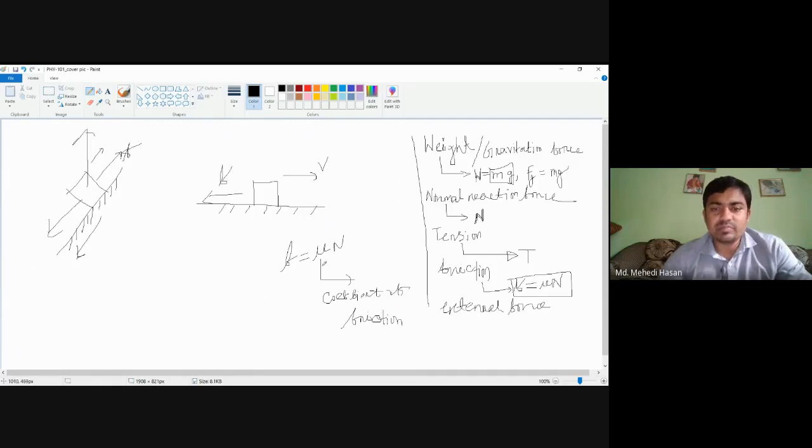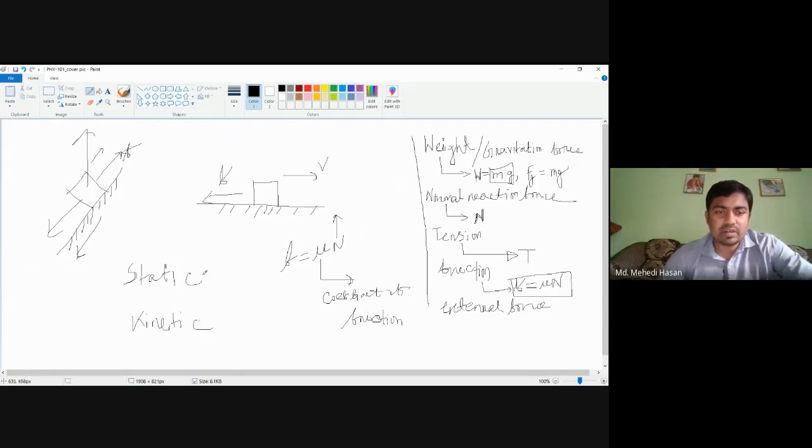So mu mainly depends on the surface; for a particular surface mu is constant, and N is the normal reaction force, which you can find if the problem is given. So these are mainly about friction. Another thing is that friction is of two types: one is static friction, and another is kinetic friction.